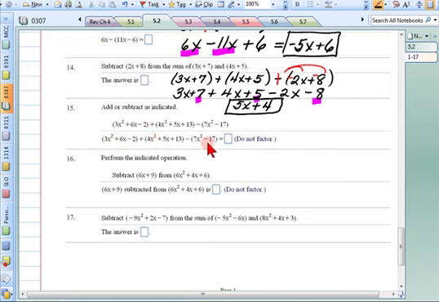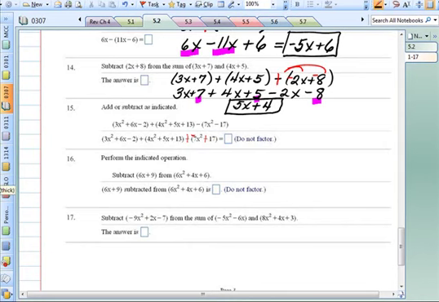But what about in the last one? Yes. So let's see. I'm going to change this to plus. Then I'm going to change the 7x squared to minus. And I'm going to change the minus 17 to plus.